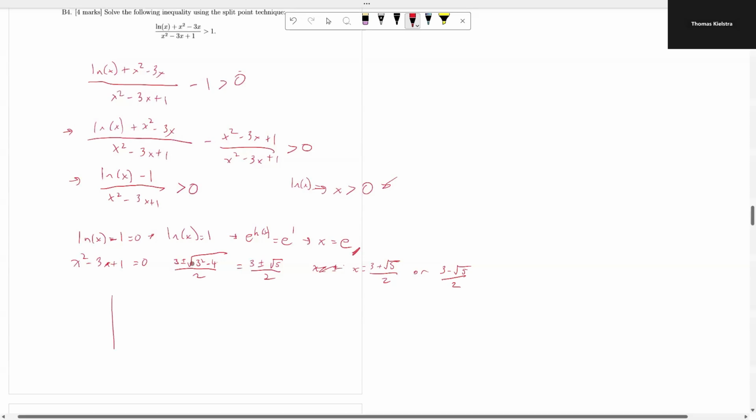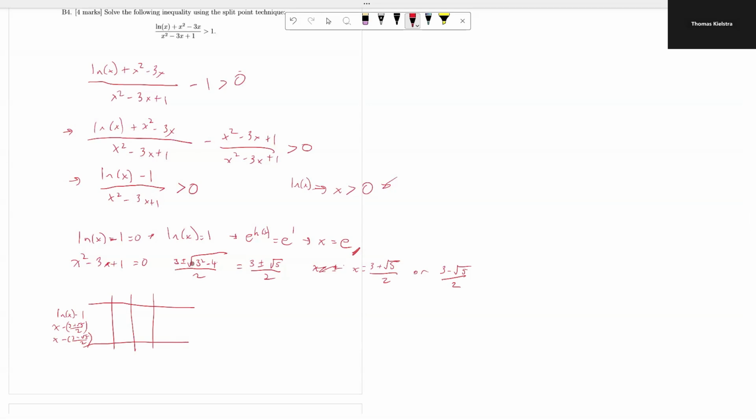So now I create my split points. Now here, these numbers are ugly enough that I really wouldn't put them on a test. x minus (3 plus root 5) over 2, or x minus (3 minus root 5) over 2. As I said, I wouldn't put these ugly numbers on a test.